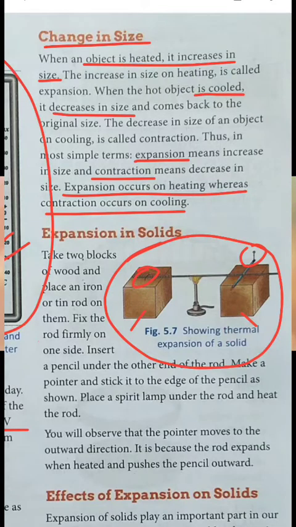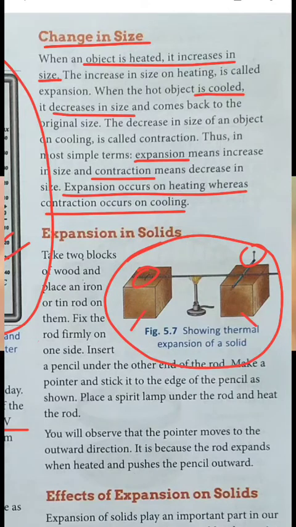Whenever any object expands due to the effect of heat, that type of expansion is known as thermal expansion. Now in the diagram you can see a burner kept just below the iron rod, and the burner is burning. The burner is providing heat energy to the rod, and after heat energy is provided, the rod starts expanding.